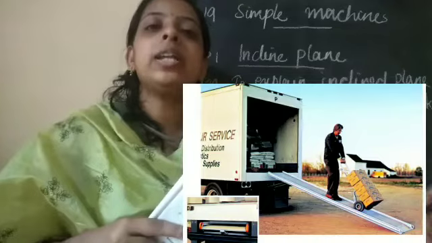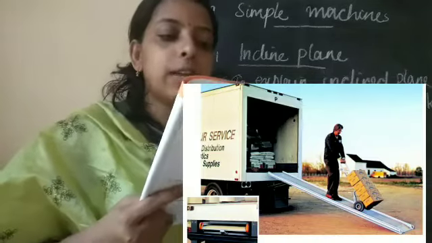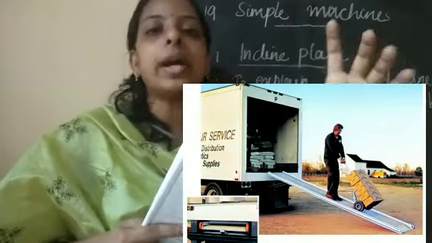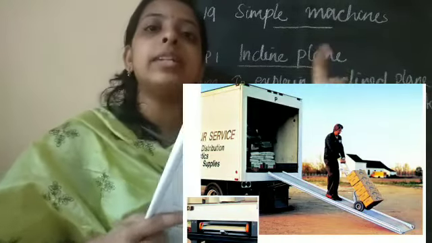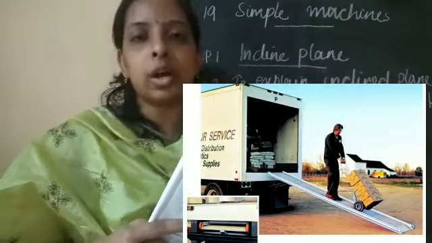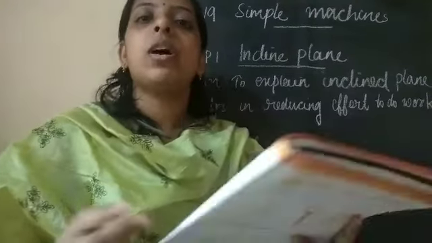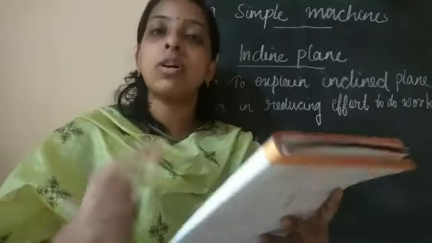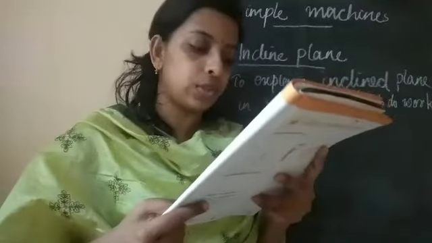Then he can carry, or push, the heavy boxes easily by using the inclined plane. That inclined plane he has to make from the truck to the ground. It helps him to carry or push the 100 heavy boxes easily with less effort.